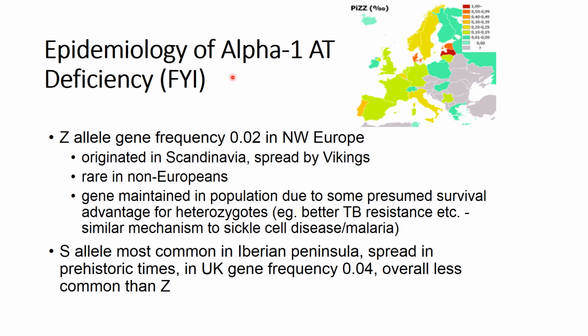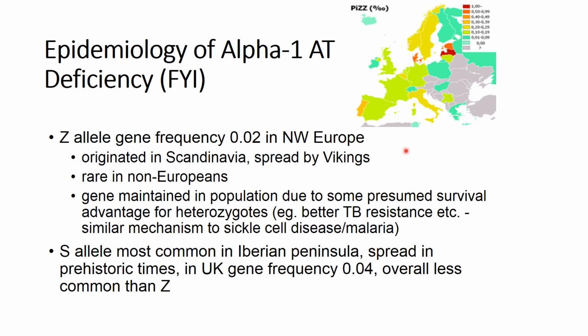So that is just, for fun, the epidemiology of alpha-1 antitrypsin deficiency. Actually, it comes from Europe. The Z allele is very frequent in Northern Europe. You see it is Estonia and Latvia and Denmark where the highest number of Z allele carrying patients are, but it is also frequent in the rest of Scandinavia.